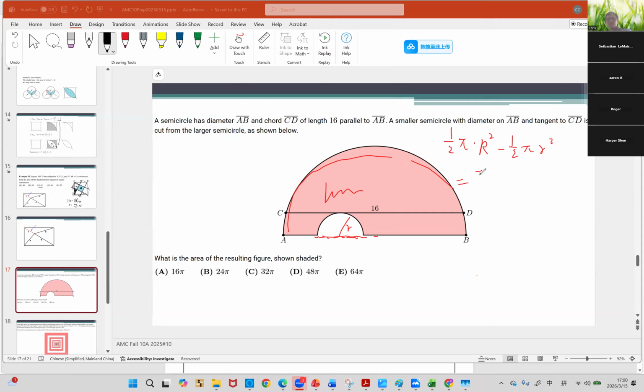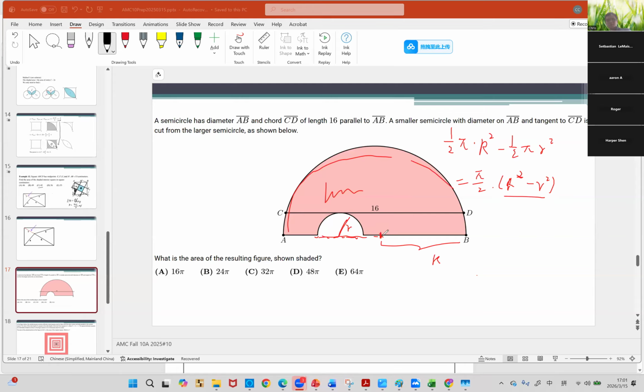So it's basically pi over 2 times R squared minus r squared. This looks very much like A squared minus B squared, or C squared minus B squared, so that equals A squared. That gives us some hint.